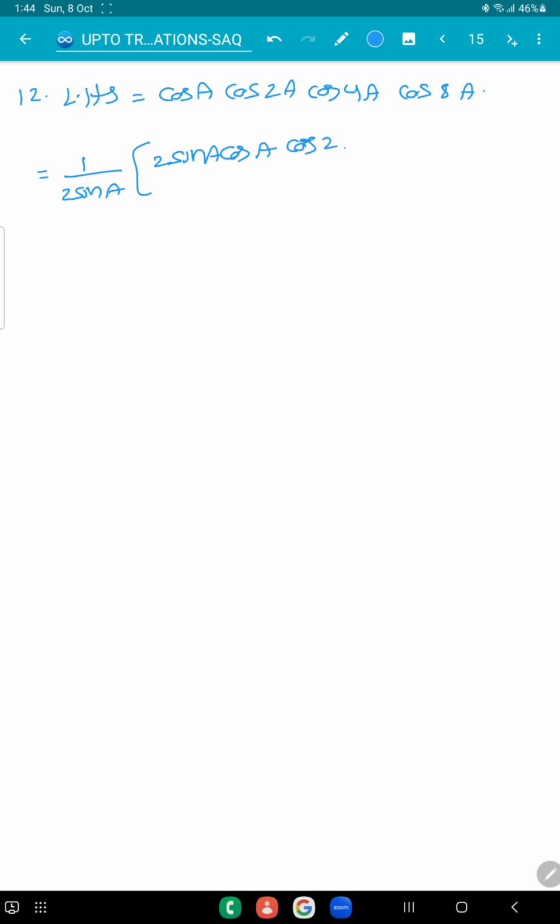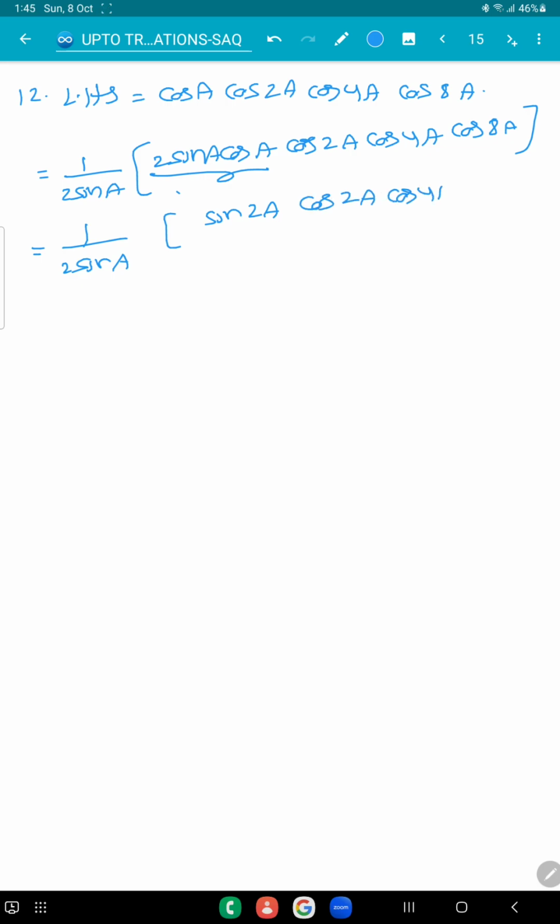Next question is the 12th question. Let us consider the left hand side. That is cos a, cos 2a, cos 4a, cos 8a. Multiplication and division by 2 sin a, so the numerator becomes 2 sin a cos a. We did a question of this type previously. So that is 1 by 2 sin a, sin 2a, since 2 sin a cos a is sin 2a, then cos 2a, cos 4a, cos 8a.